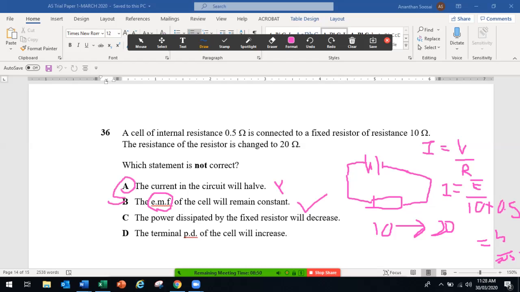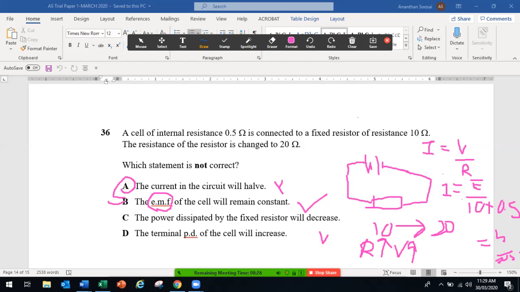The power dissipated by the fixed resistor will decrease. Fixed resistance will take big voltage. If you take big voltage, it will dissipate no power.